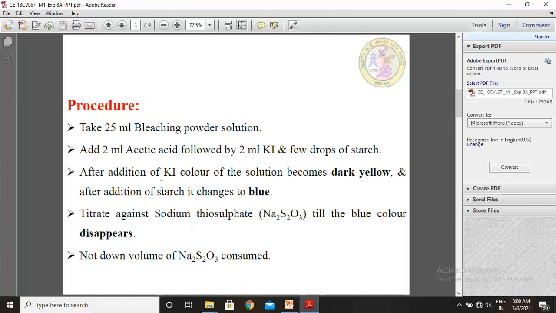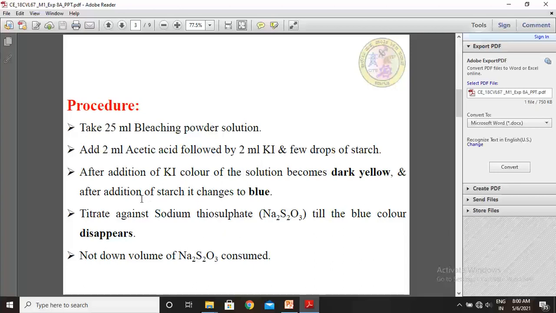First step, take 25 ml bleaching powder solution. Next, add 2 ml acetic acid followed by 2 ml KI solution and a few drops of starch.